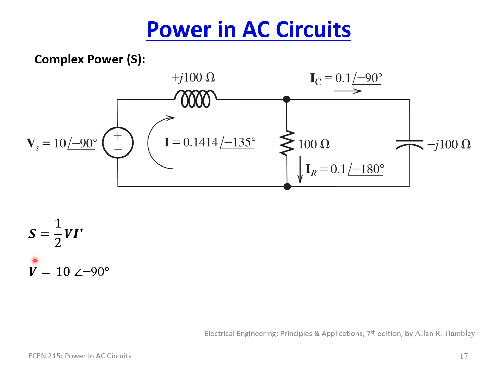So we now know that V is equal to 10 phase angle minus 90 degrees, and the current is 0.1414 with phase angle of 35. So we can actually solve for the power being provided to the circuit.